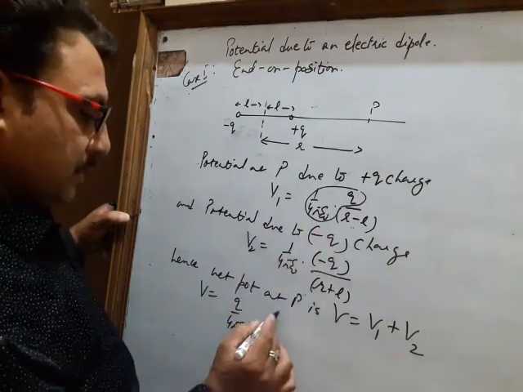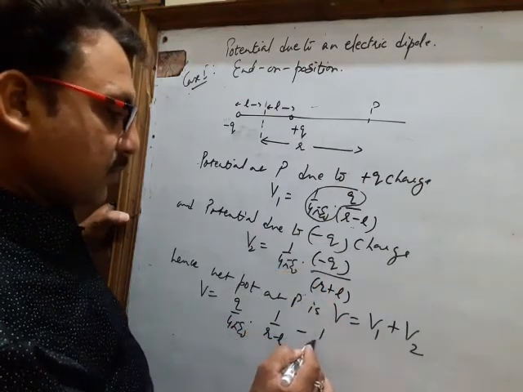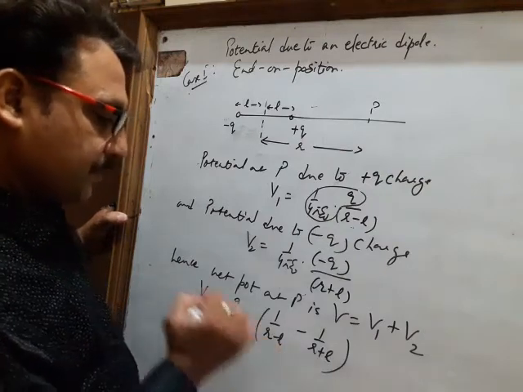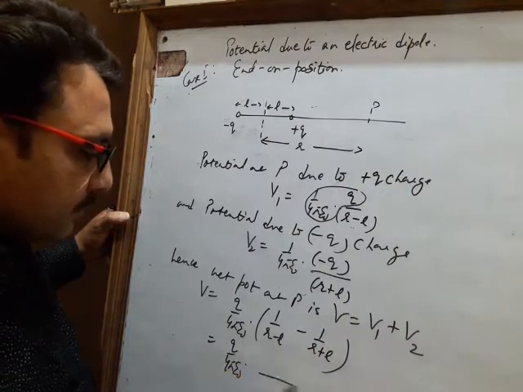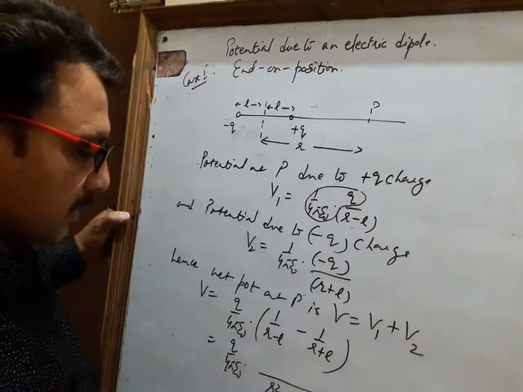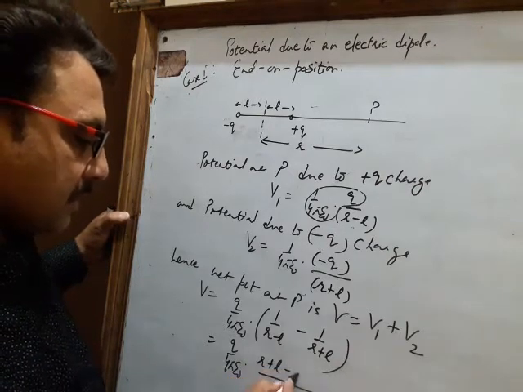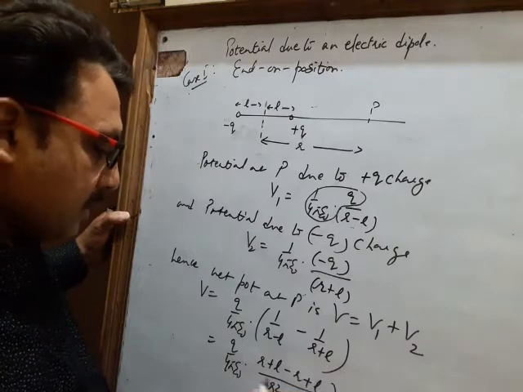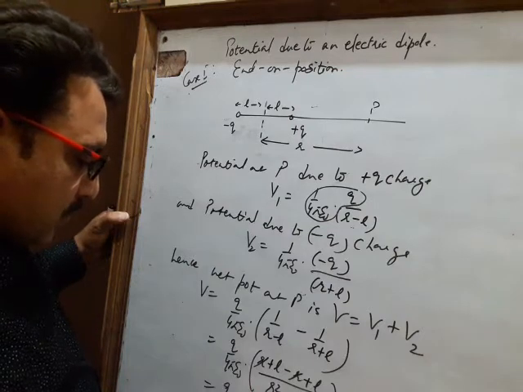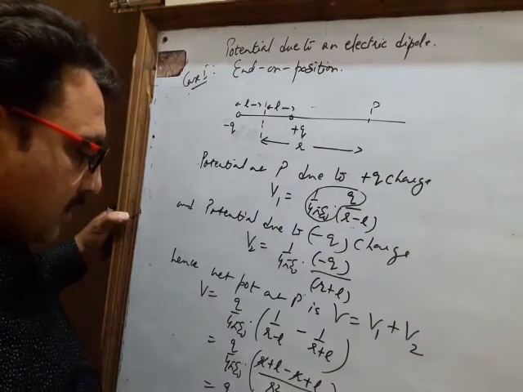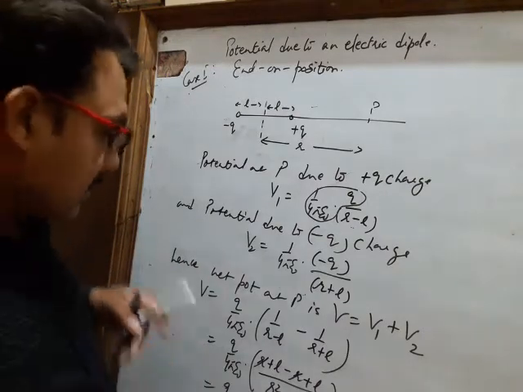So this is 1 upon R minus L plus minus of this, so minus 1 upon R plus L. Okay, so this is R square minus L square is the LCM, so R plus L minus R minus L means plus 2L, cancel out R and R. So Q upon 4 pi epsilon naught into 2L upon R square minus L square. This is the formula.